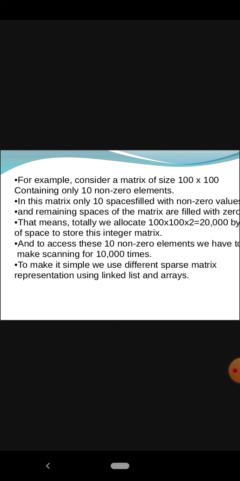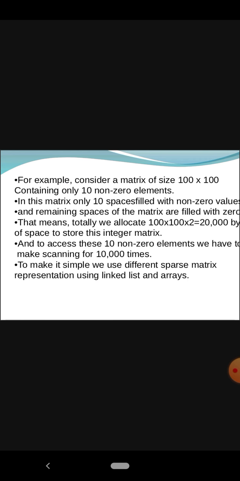For example, consider a matrix of size 100 by 100 containing only 10 non-zero elements. In this matrix only 10 spaces are filled with non-zero values and the remaining spaces are filled with 0.